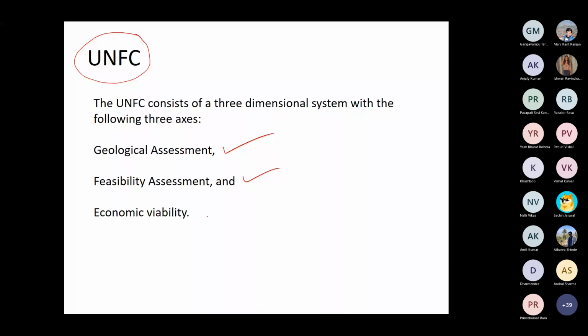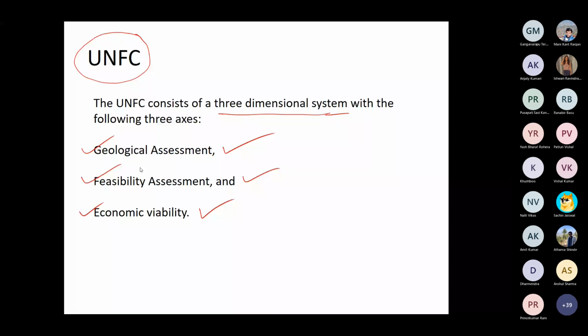That means the three-dimensional system is represented by three numbers. So ideally, as I said, you start with geology, then you go for techno-economic feasibility, and then we go for a detailed economic viability analysis. This is how it is done. But if you look at the UNFC classification system, there the economics come first. That means it is primarily made for the purpose of business.